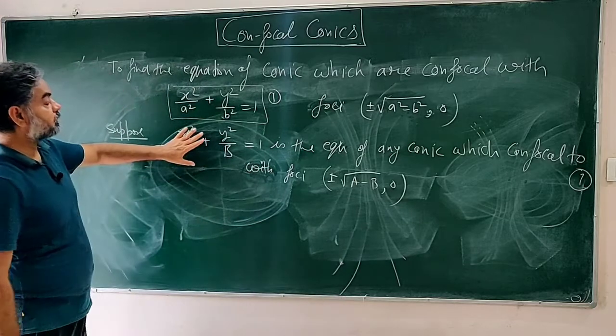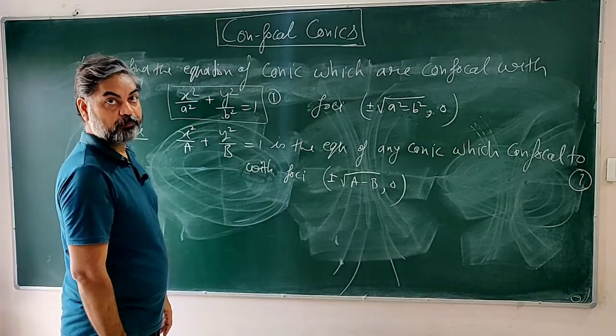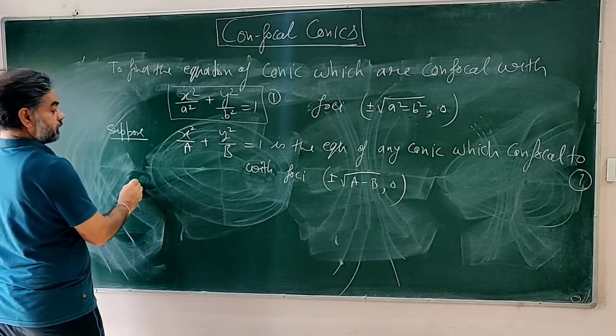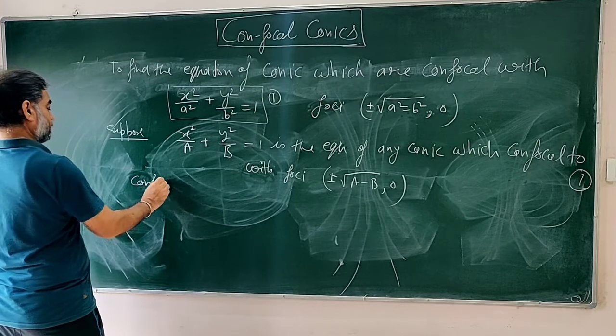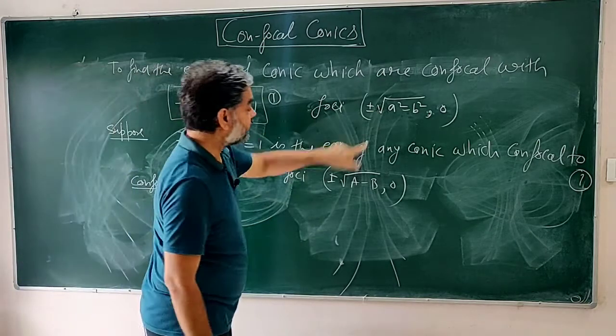Now since this conic is confocal to the given conic, they should have the same foci. So since the conics are confocal, the coordinates should be the same.